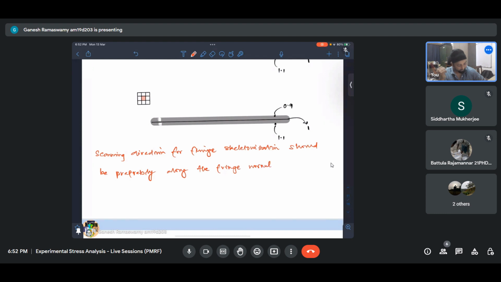Now, this is a luxury, as I said. This might not be possible in every case, that you find the fringe normal, which is tangible to run this. So in such cases, there have been algorithms developed, and even our professor has contributed to that in a very important way.